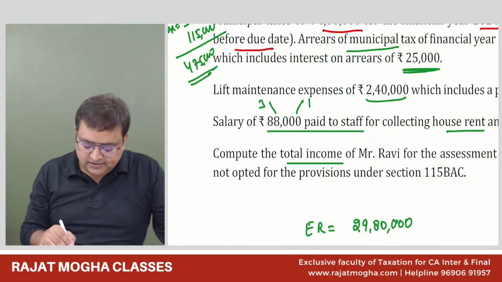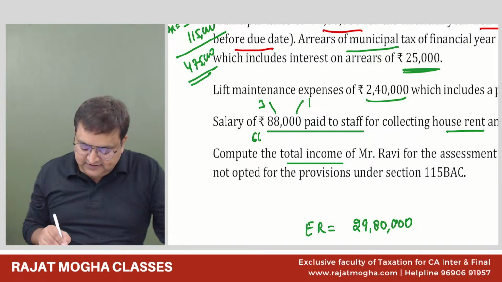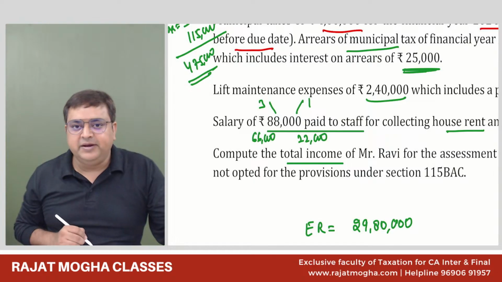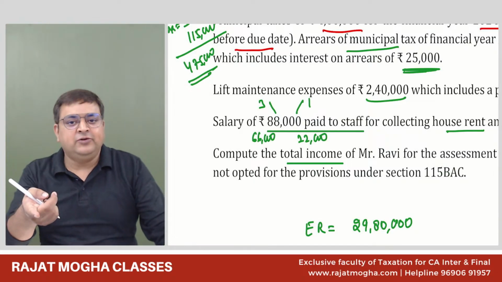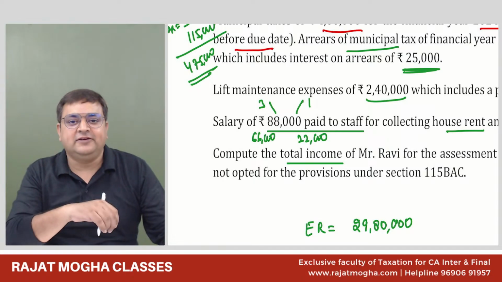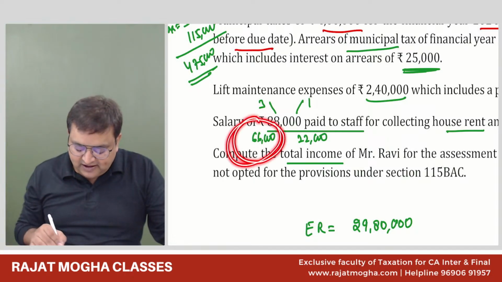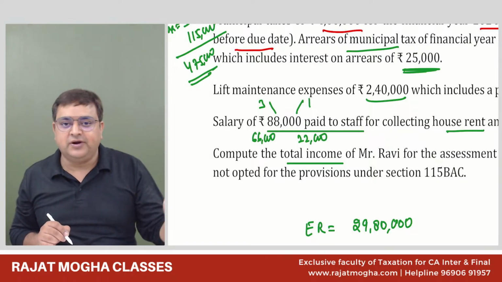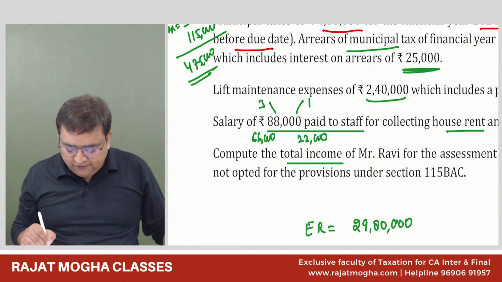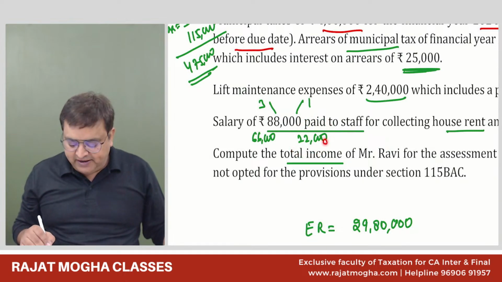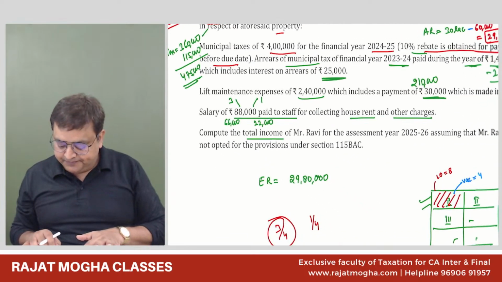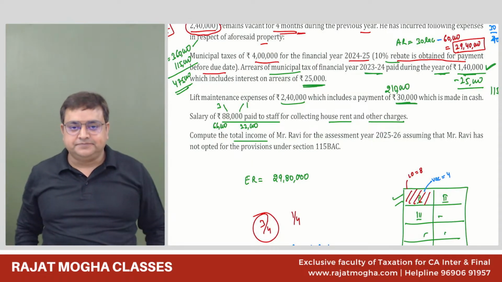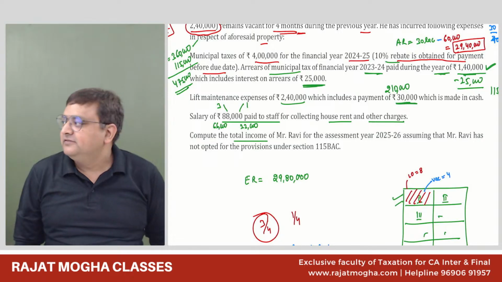So 66,000 related to house, 22,000 related to other amenities. For IFOS, we can allow the expenses, but for house property, we cannot. So 66,000 will not be allowed because it is related to house property. But 22,000, 1/4, can be allowed under IFOS. Are you all getting it or not? Quite a typical question of house property, and it has good adjustments.